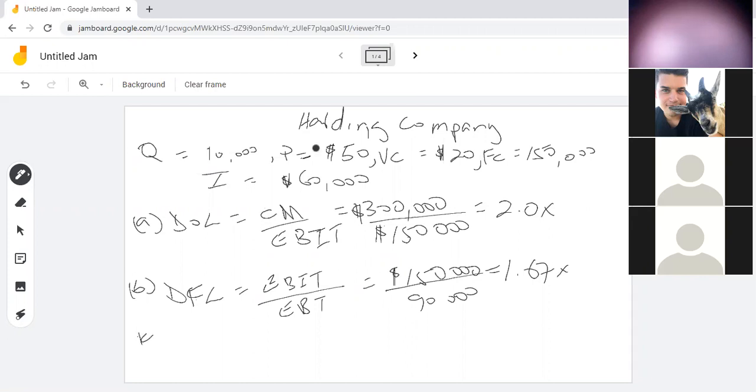C. So degree of combined leverage would be contribution margin over earnings before taxes.